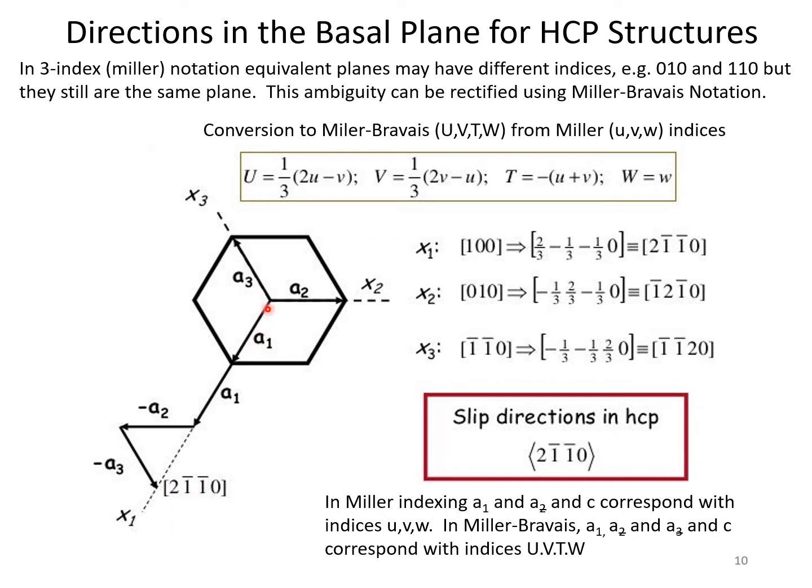So 2 bar 1 bar 10 gets us along to this point. 1/3 of that gets us to this point. So you'll come across that a lot in terms of Burgers vectors, or lattice spacing, not lattice spacings, but interatomic spacings.